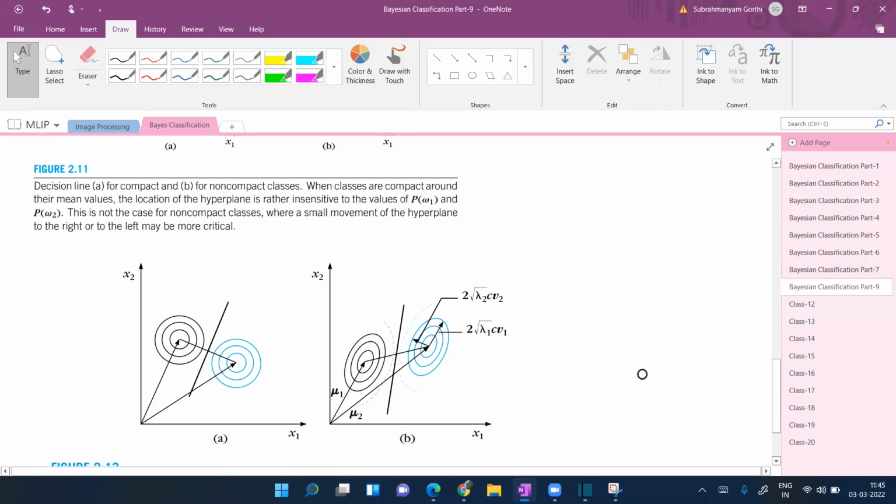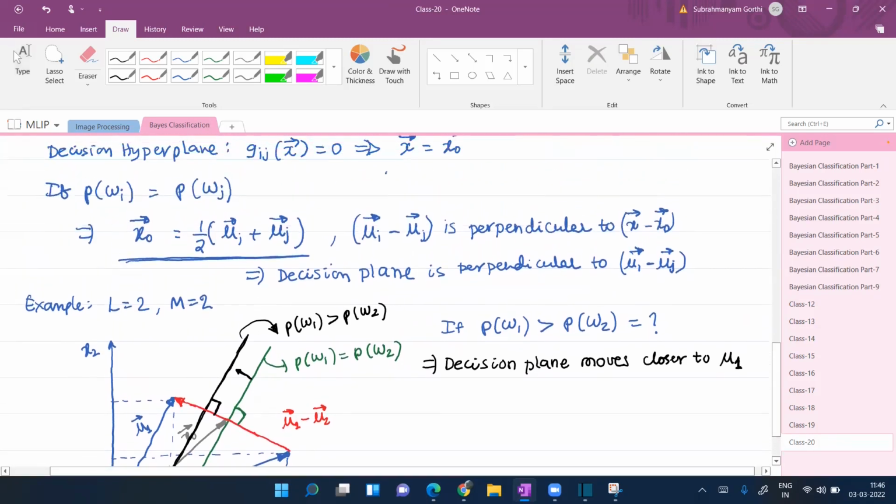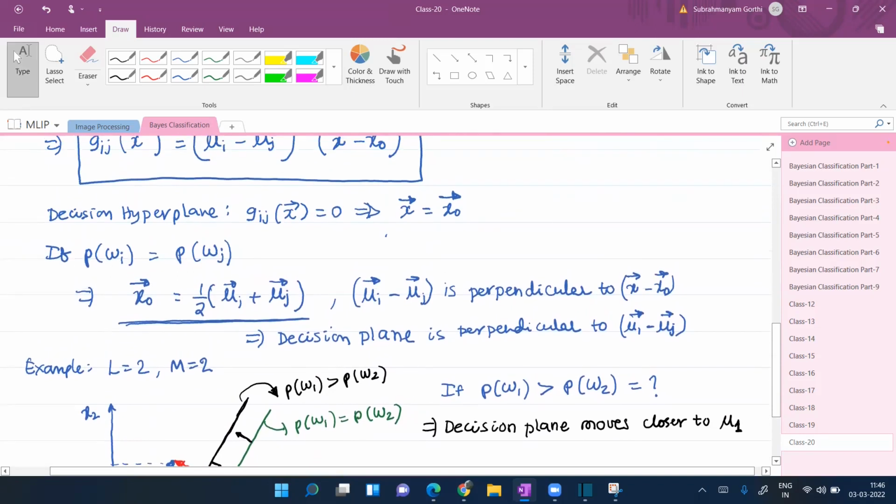Again, this has a very important role. I would like to listen to you one more time before I move forward and do this kind of exercise for a non-diagonal covariance matrix. So here I assumed that all classes have the same covariance.